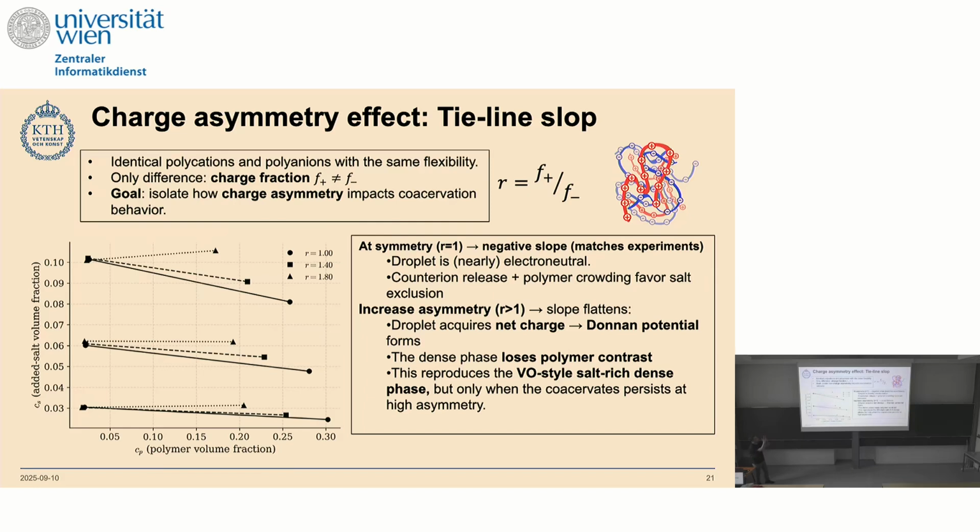And this looks, I would say, familiar compared to the theories that we can see. For example, the positive slope reminds us of the original Voorn-Overbeek theory. But when we have a symmetric case, it's in line with most of the experiments that report a negative slope of the line.